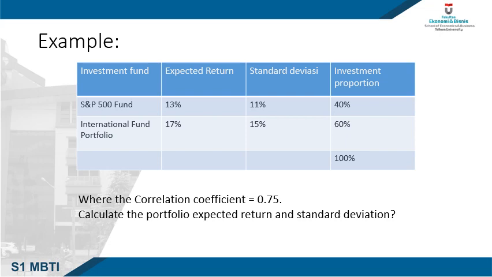Also given are the risks: 11% for S&P, 15% for IFP. Then the proportion or weight, you see here, is always 100%, so you can check whether the weights are correct. If this is 40%, then the other one is 60% if there are only two assets. It's also given that the correlation coefficient, or rho, is 0.75. So calculate the portfolio expected return and standard deviation.